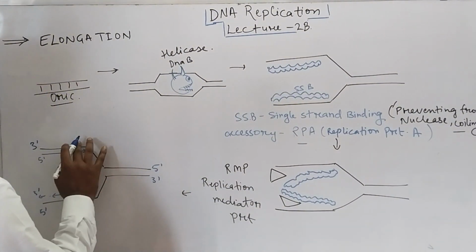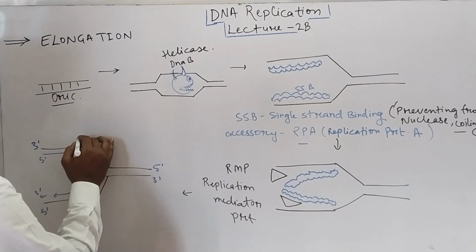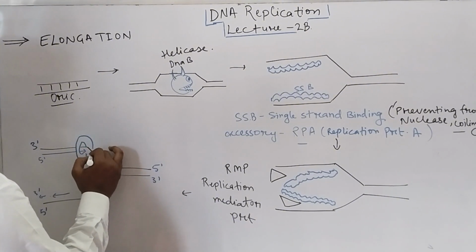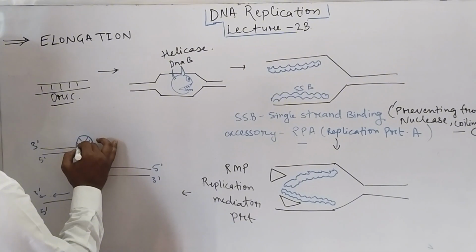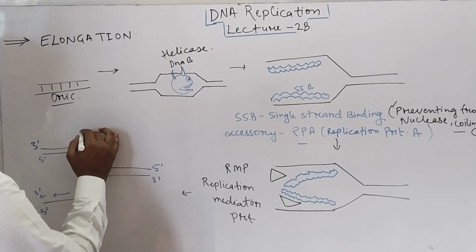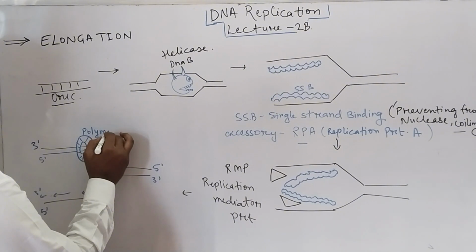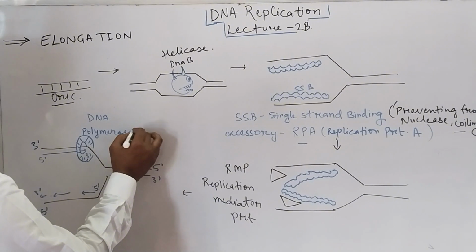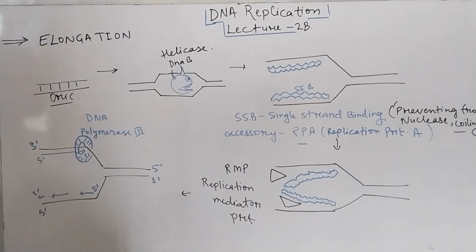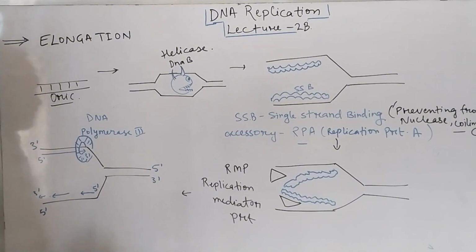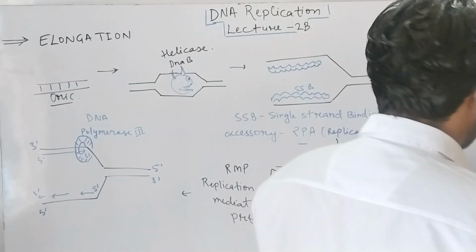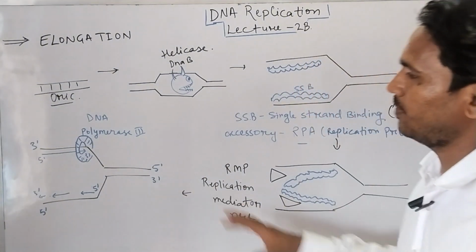It is done by the polymerase. It can be DNA polymerase III, or in case of eukaryote, if it is a leading strand, then it will be epsilon, and in the lagging strand it will be delta. Now this is all about the DNA replication elongation part.